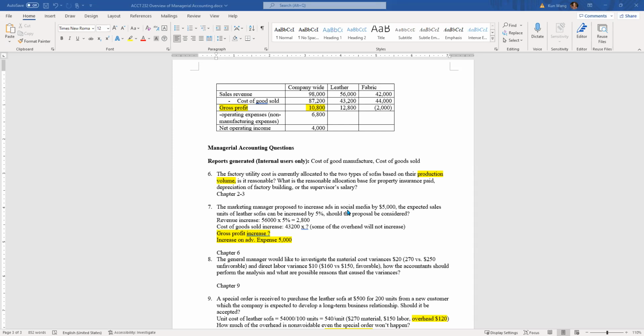So in addition to the cost reports, there are other questions I want you to think ahead about before we touch on the details in the future chapters. But be careful, I'm not requiring you to fully understand or do the calculations at this point in time.